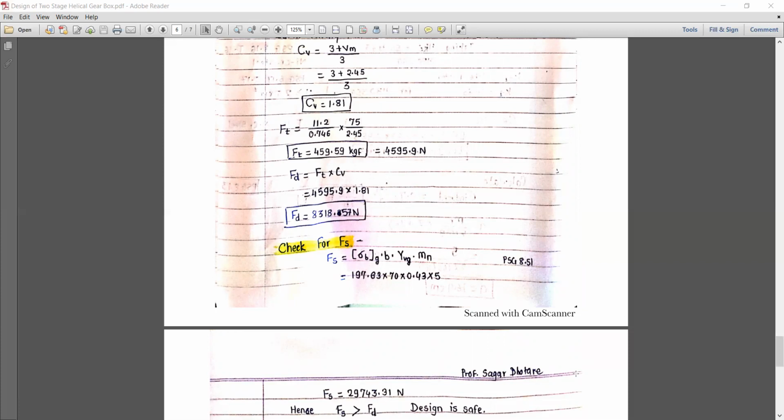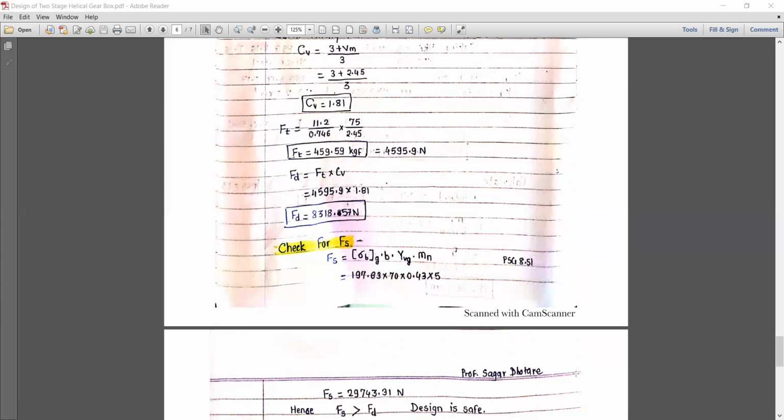Now next we need to calculate the static load, which can be found using sigma design bending stress into width into Lewis form factor into normal module.